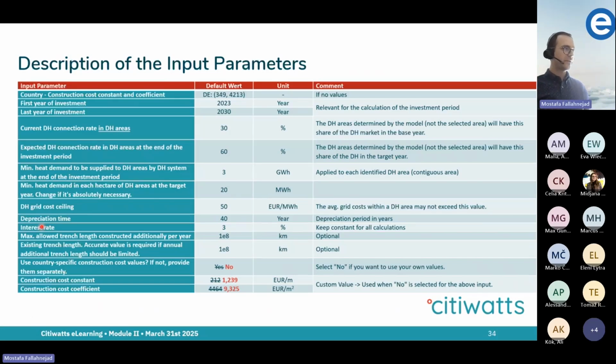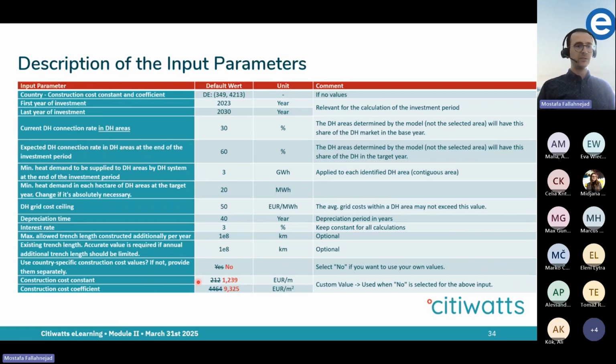So what are the input parameters that I have here? Basically a set of construction cost parameters for each member state of the European Union. We have provided a default set of cost components, but you have the option to use your own values with the other parameters.